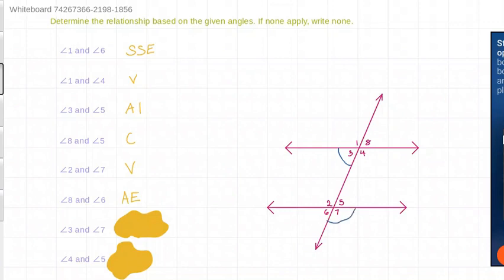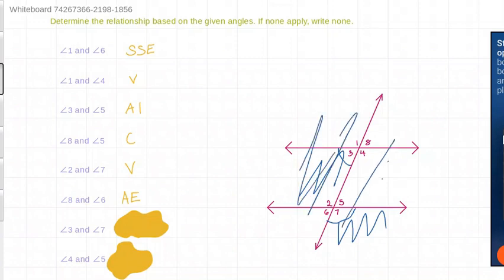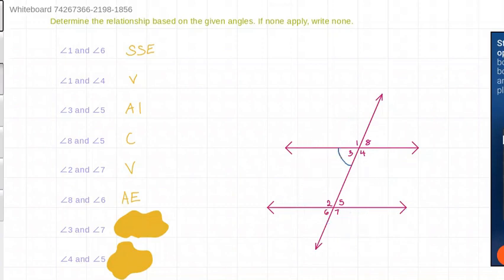Angle 3 is on one side of the transversal, and angle 7 is on the other. But angle 3 is interior, angle 7 is exterior. This would be something like alternate corresponding or alternate exterior interior, which doesn't even exist, so it would be none.